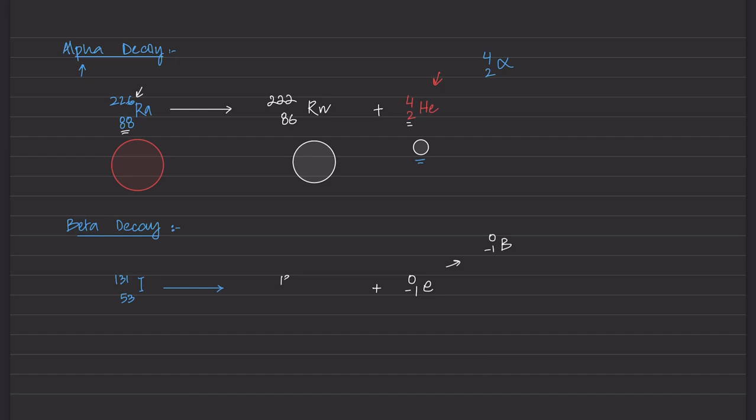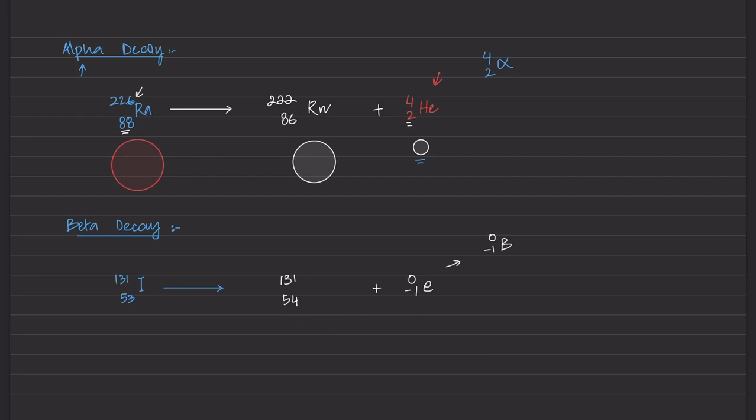This will remain 131 since no proton or neutron is leaving. However, this has to now be 54 for it to balance, because 54 minus 1 altogether gives you 53.